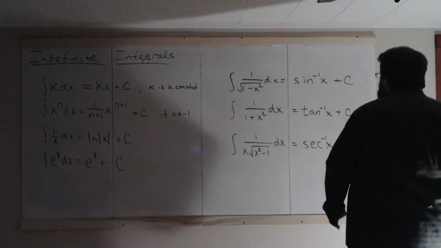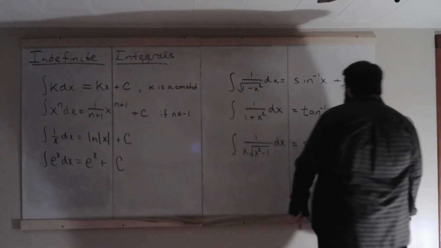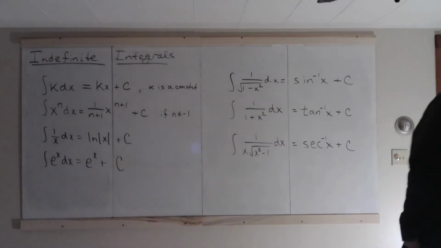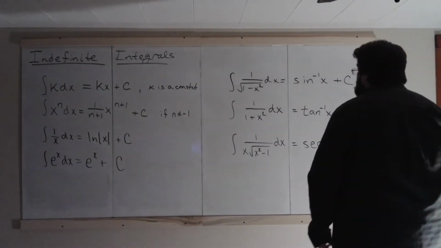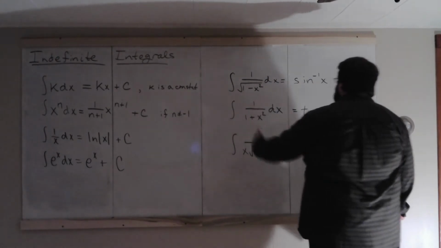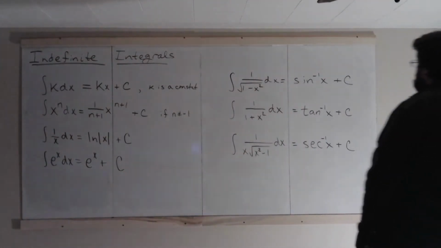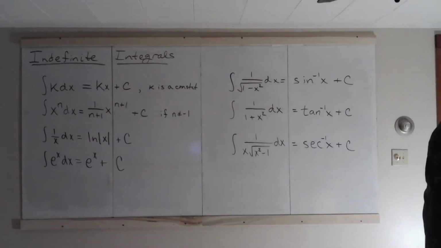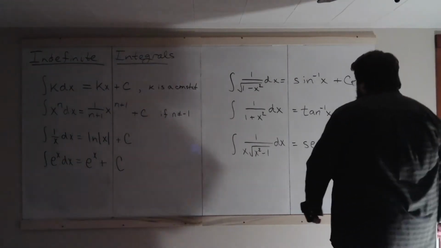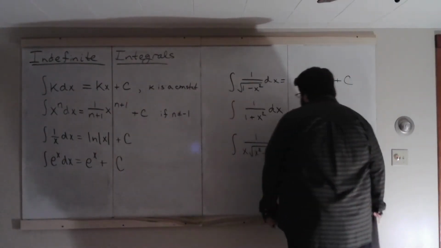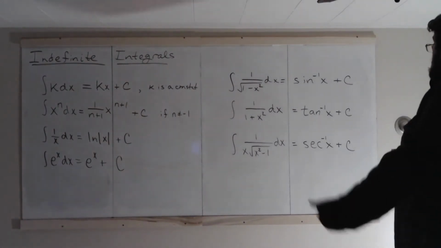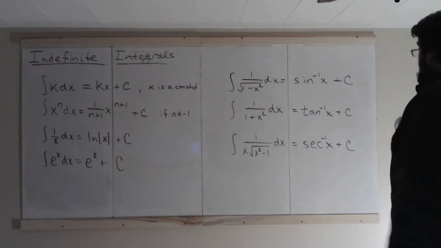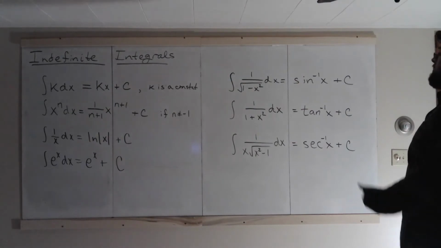And similarly, for the inverse tangent and the inverse secant, the antiderivative of 1 over 1 plus x squared is the inverse tangent. So the integral of 1 over 1 plus x squared is the inverse tangent plus c. And the inverse secant's derivative is 1 over x times root x squared minus 1. The integral of that is the inverse secant plus c.